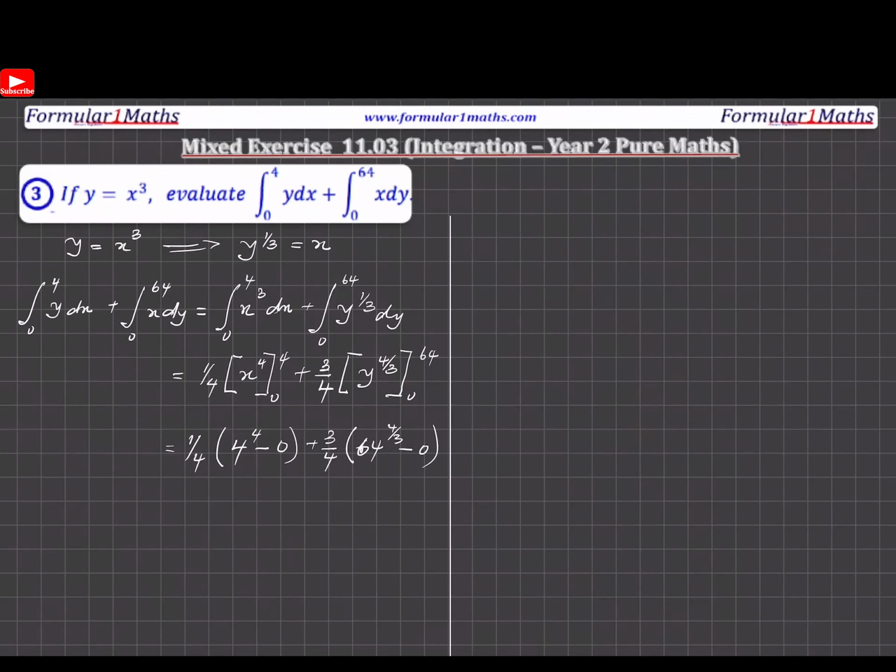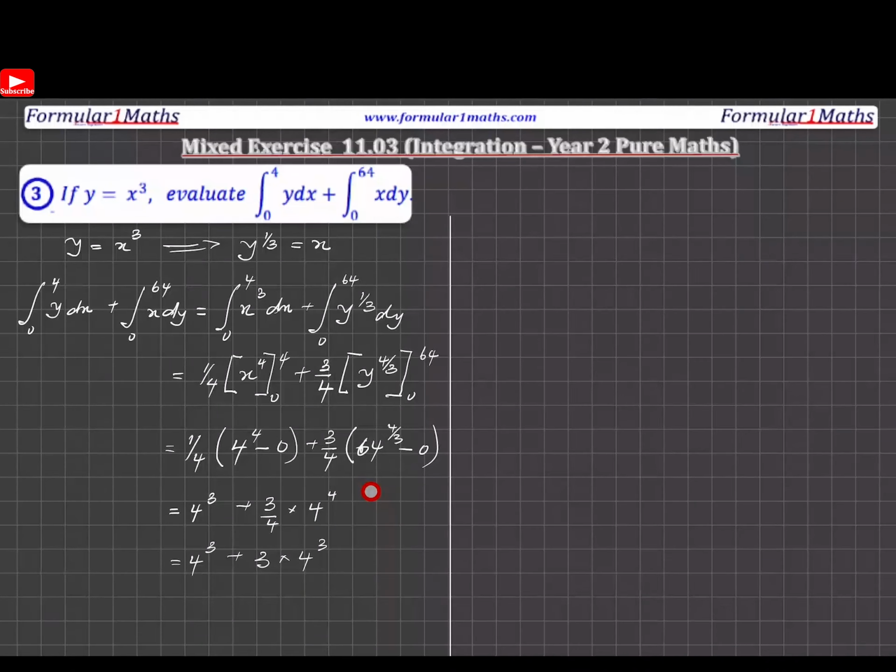And this will become 4 cubed, because 1/4 times 4 to the power 4 is 4 cubed, plus 3/4 times 4 to the power 4, because the cube root of 64 is 4, and we raise that to the power 4. So I'll have 4 cubed plus 3 times 4 cubed, because this 4 will cancel one of the 4s over here.